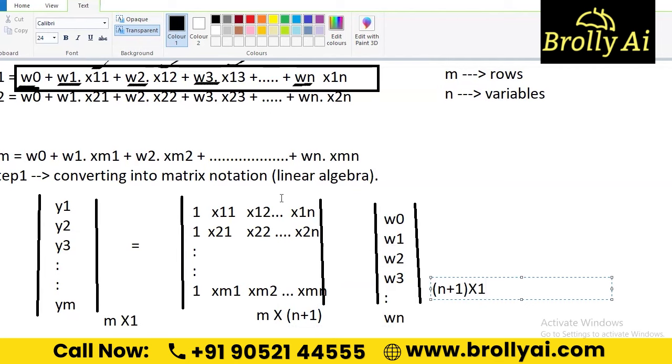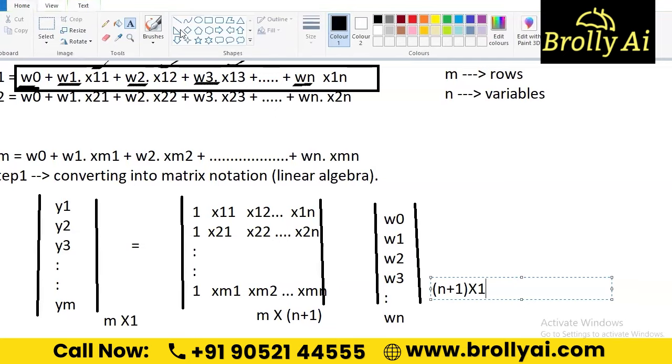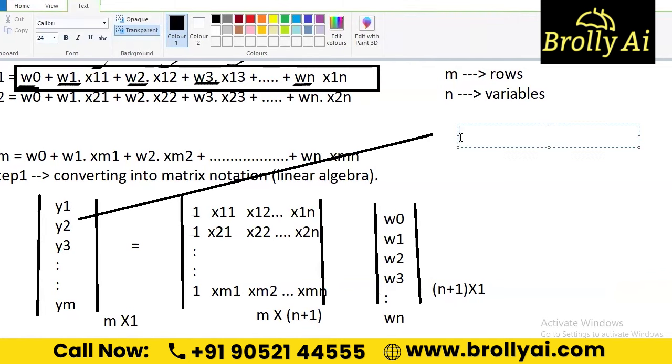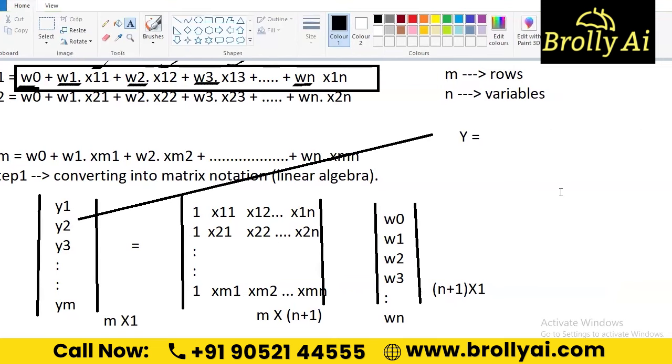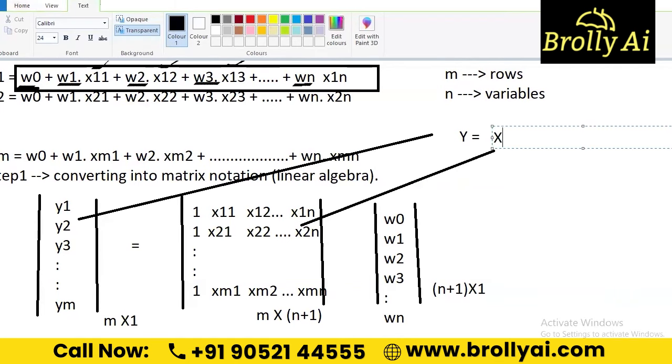Got it. So we converted this basic linear equation into a matrix notation. Now let's apply a label to these matrices. For this matrix, I am giving a label called capital Y, equal to. And for this matrix, I apply a symbol, which is capital X. After that, dot means matrix multiplication.